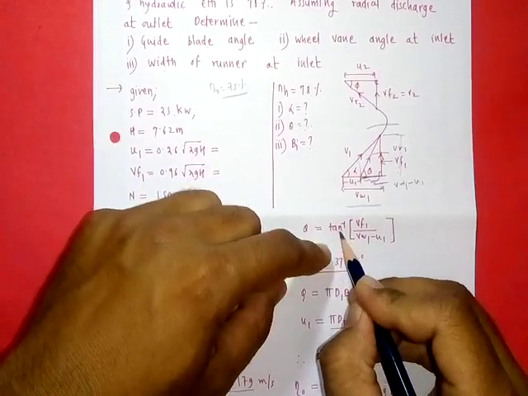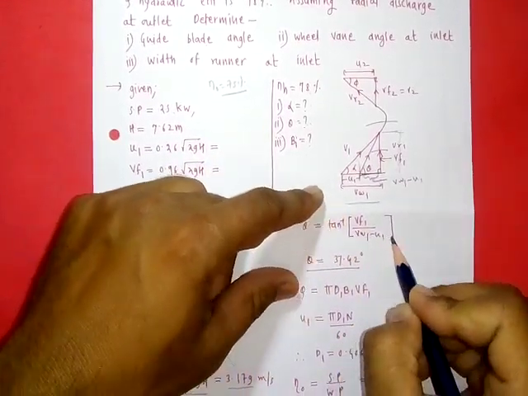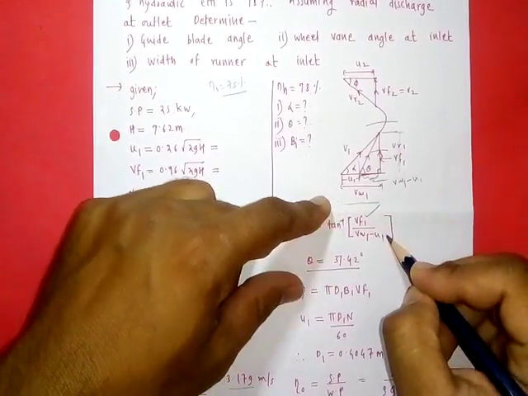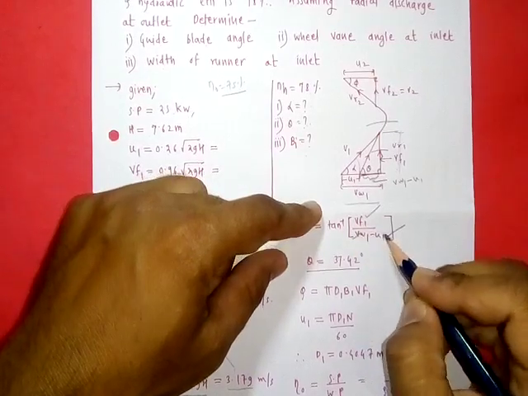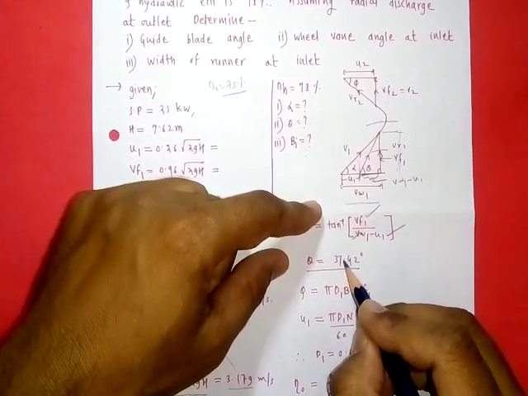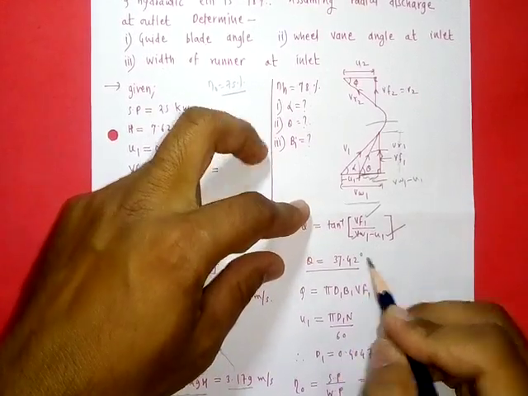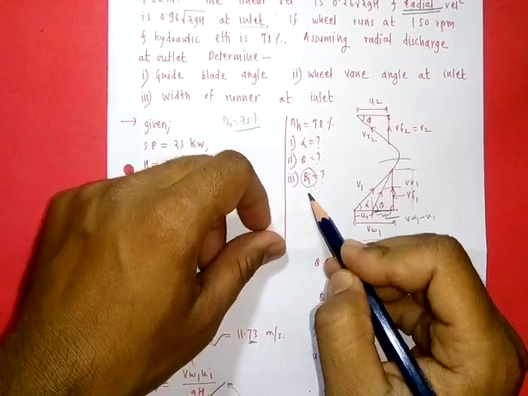So our theta will be tan inverse of vf1 upon vw1 minus u1. Here we have calculated vf1, then we have calculated u1, and we also know vw1, so theta comes to be 37.42 degrees. Now they have asked b1, that is the dimensions of the rotor.